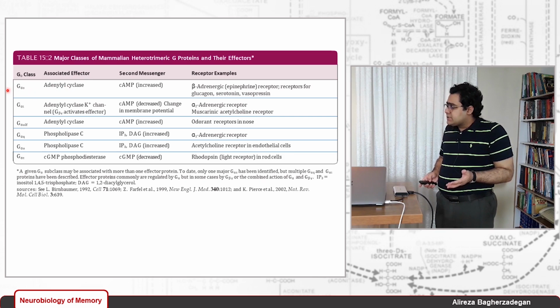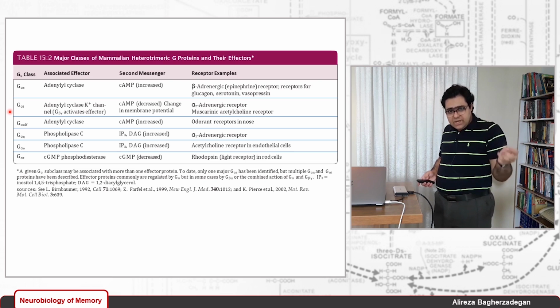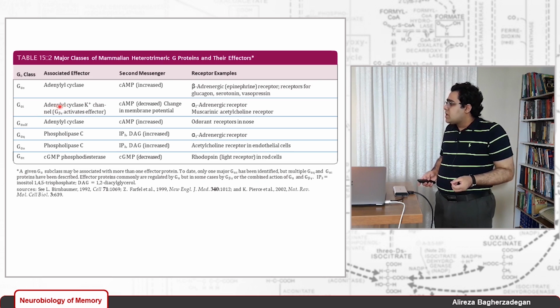And because this is a stimulating G protein, it activates this adenylyl cyclase, so it increases the production of cAMP. But we have an inhibitory G protein, or the alpha subunit of the inhibitory G protein, whose effector is again adenylyl cyclase, but since it's inhibitory, it would decrease the level of cAMP.